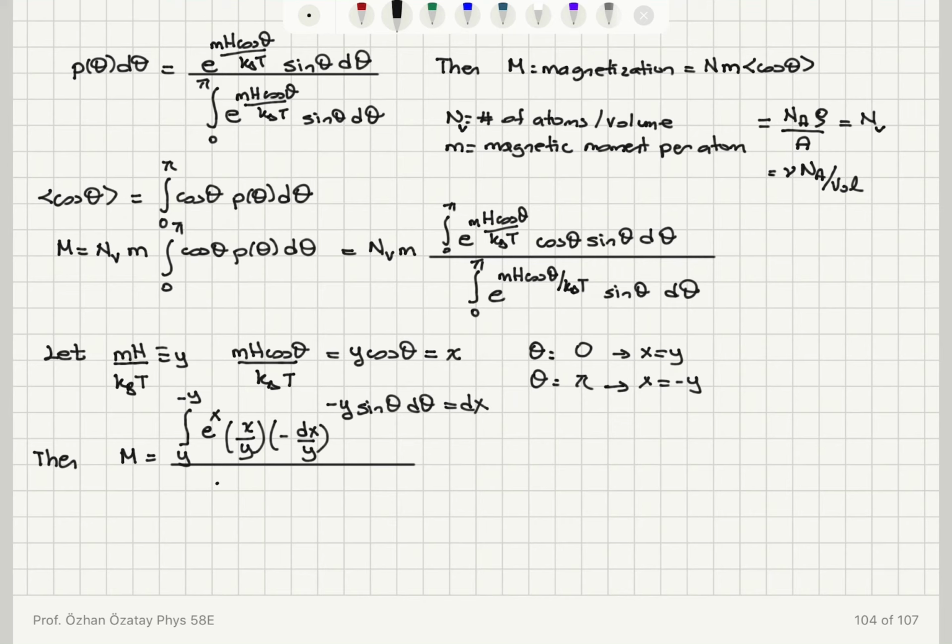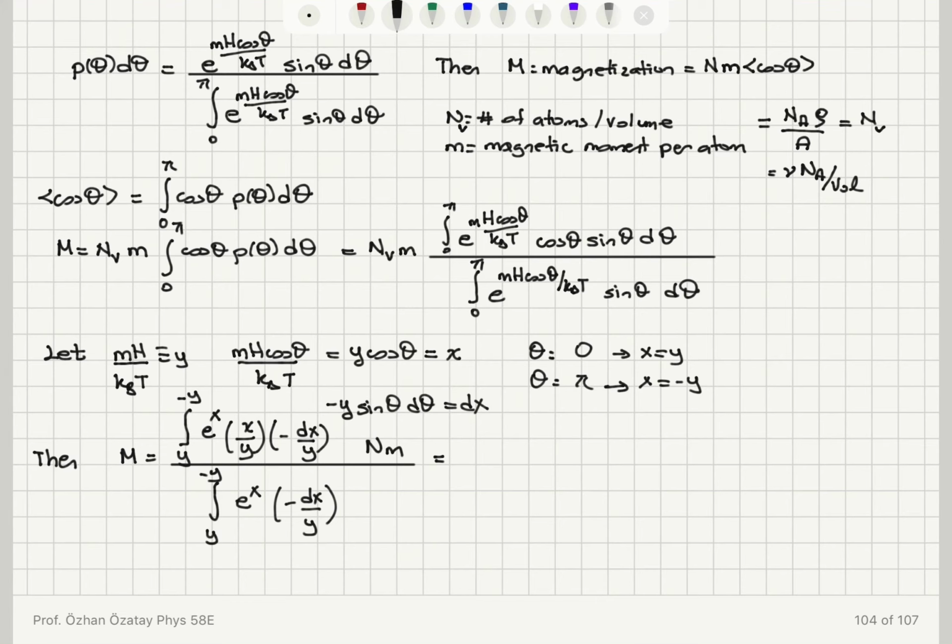And in the denominator, I have from y to minus y, e to the x, and for sine theta d theta, I have minus dx divided by y. Of course, I have a factor of n and m here.